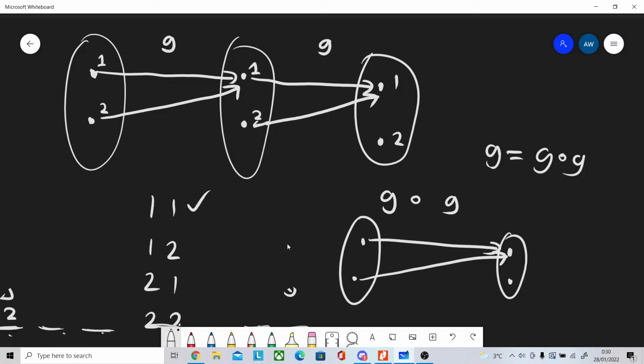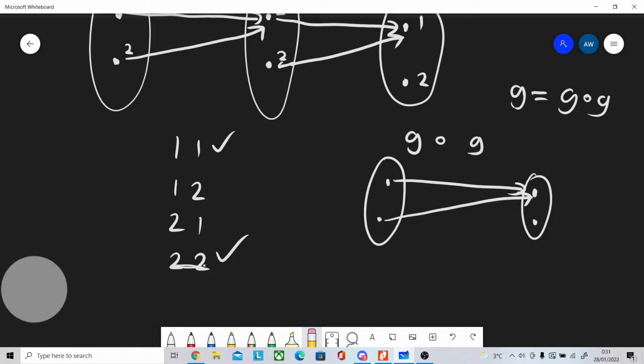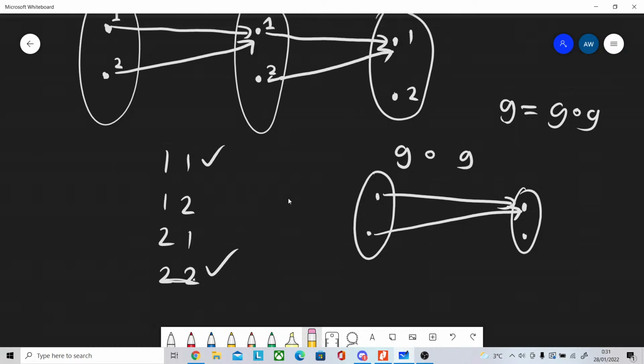By the same logic, 2, 2, which is this one, should also count as well. I wonder if there's a quick way to check it instead of doing it manually, some clever logic trick that we can use.